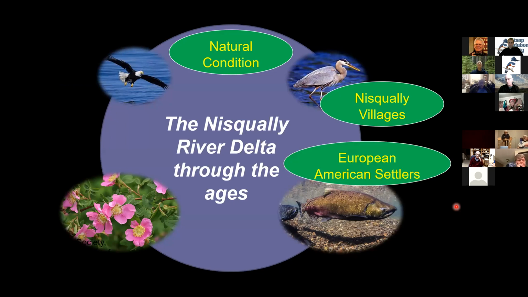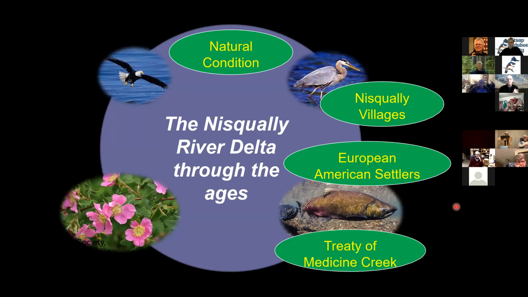And then European American settlers coming in the 1800s, the McAllister and other families that came into that area, Medicine Creek, now called McAllister Creek. And then on a dismal day in December in 1854, representatives of Nisqually and other native groups affixed their marks to the Treaty of Medicine Creek. And they ceded many, many square miles to the federal government in exchange for reserving the right to hunt and fish and gather in their usual and accustomed locations.